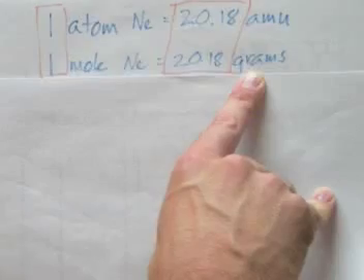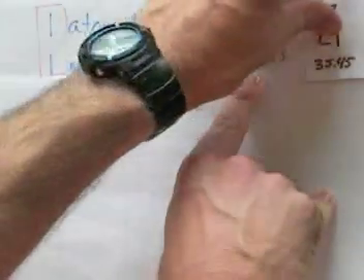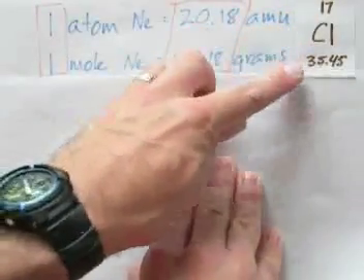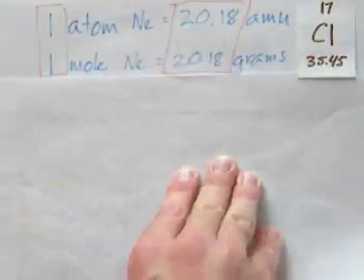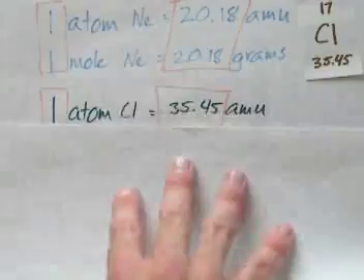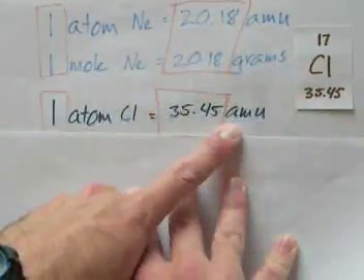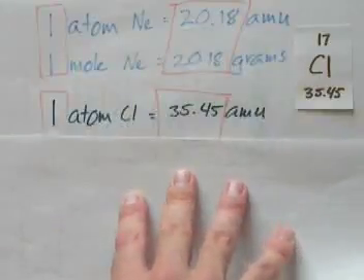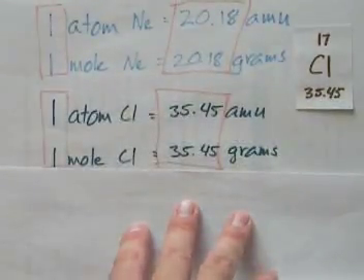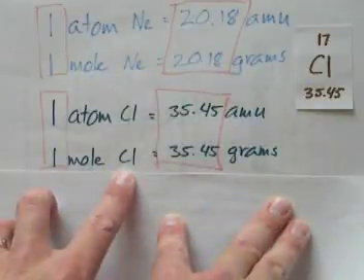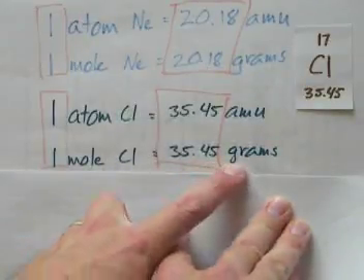Let's try another one. When I look on the periodic table at chlorine, atomic number 17, atomic mass 35.45, what that means first of all is that 1 atom of chlorine is 35.45 AMU. What that tells me now that we've learned about the mole is that 1 mole of chlorine atoms would be 35.45 grams.